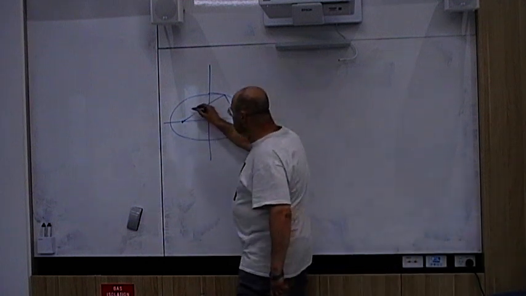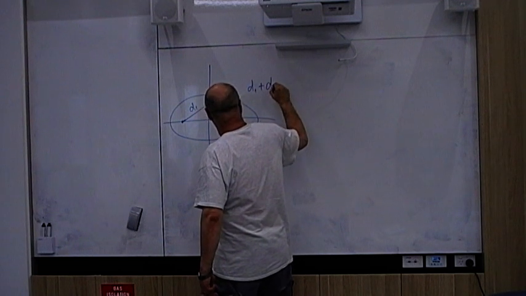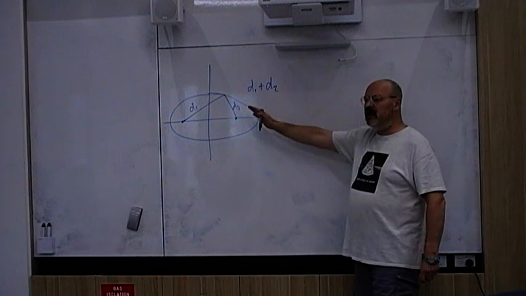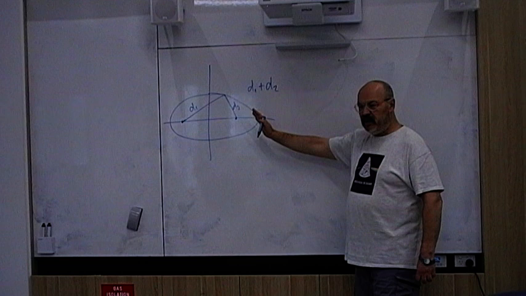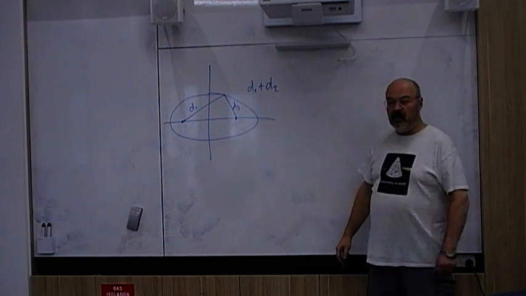If you take d1 plus d2, for any point on the ellipse, it will be the same number. d1 plus d2 is a constant for the ellipse. That's how we get an ellipse.